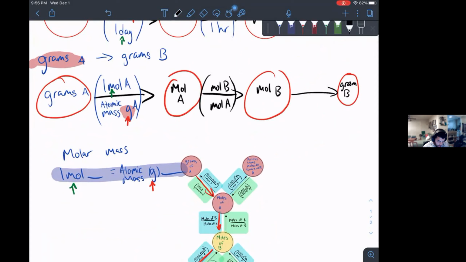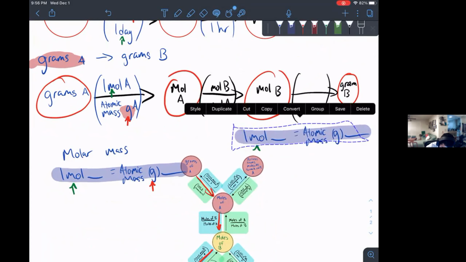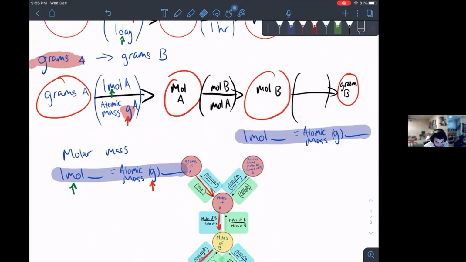For mole B to gram B, this one's a little bit the same as what we've done before, but a little bit different. So once again, we have the same thing: 1 mole is the atomic mass, except now, before we started with grams and were going to moles, so grams was on the top, grams is on the bottom.